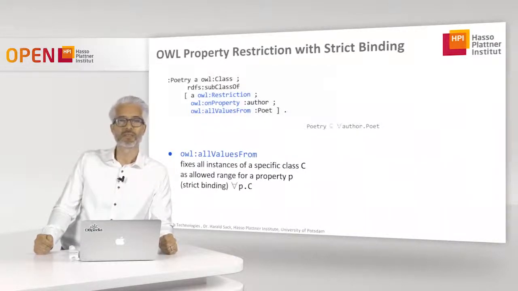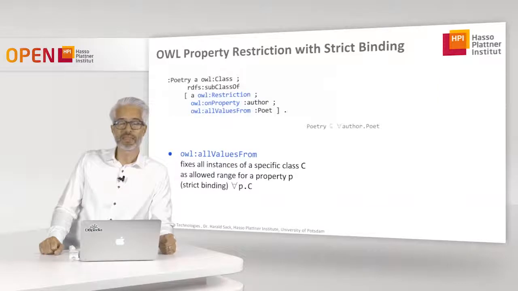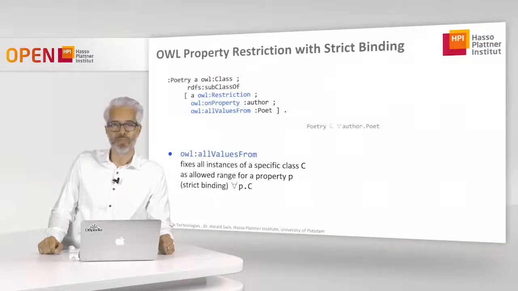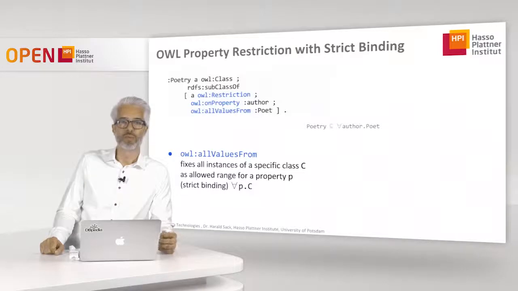This is now an OWL restriction on property author, and we say here that all values in the range of author must be from the class poet. So OWL all values from, and then the class poet. This is a strict binding with this universal quantification on the range of a property.